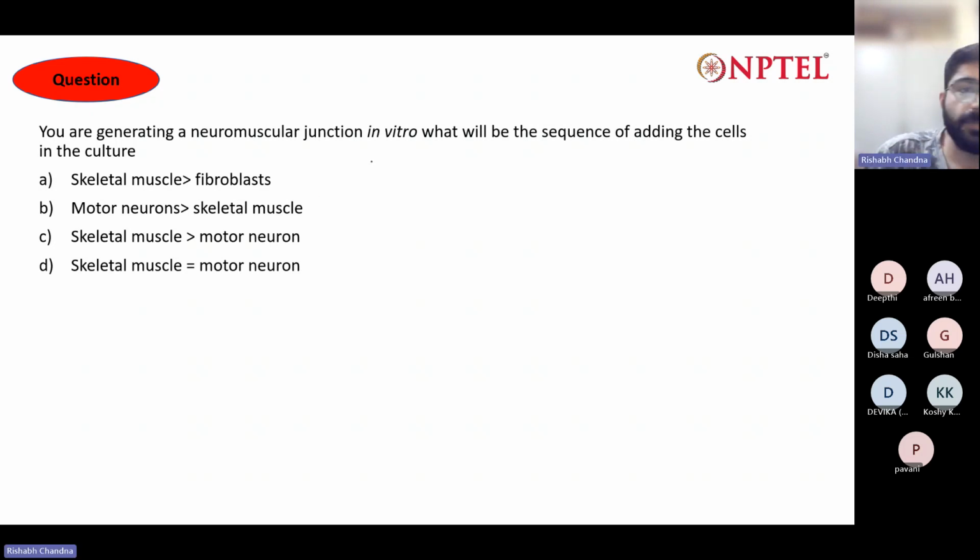So what happens when we have to create a neuromuscular junction in vitro? What we'll do, we first isolate the skeletal muscles. Okay. And at what time do we isolate the skeletal muscles? Can anybody answer? We have discussed in the previous lectures.